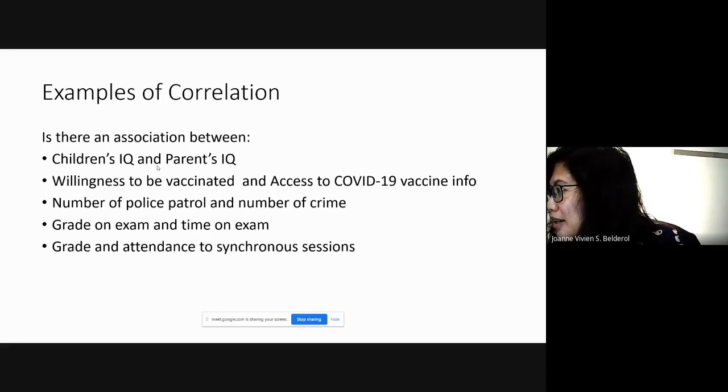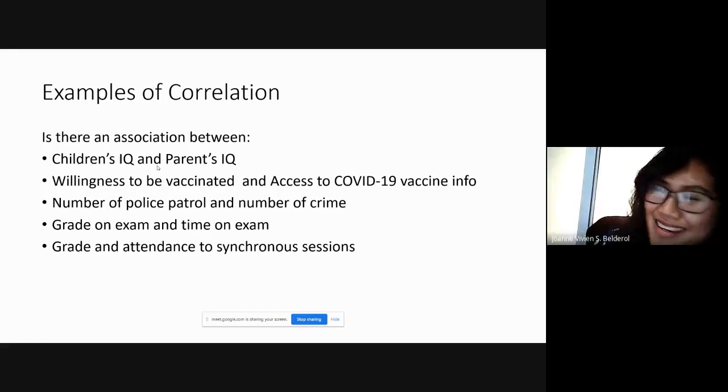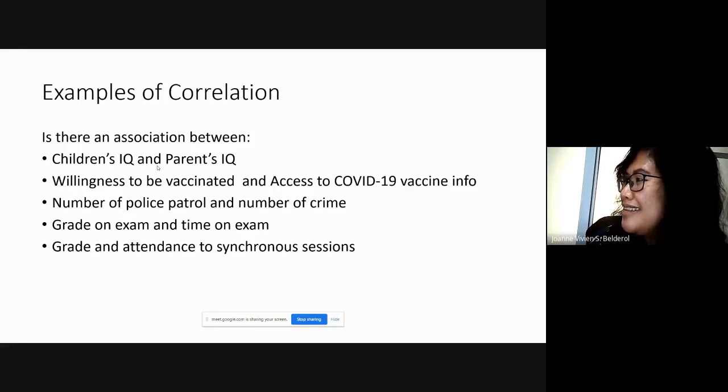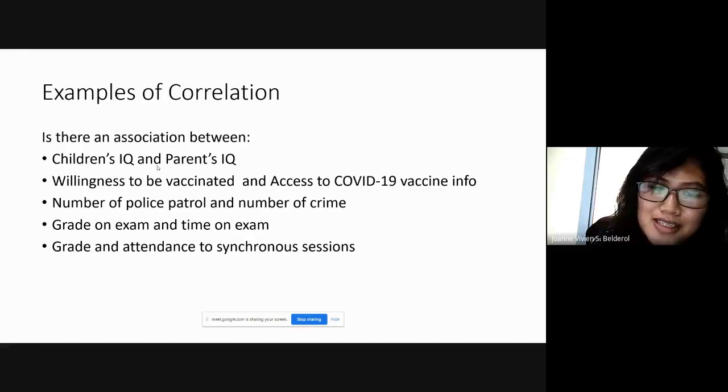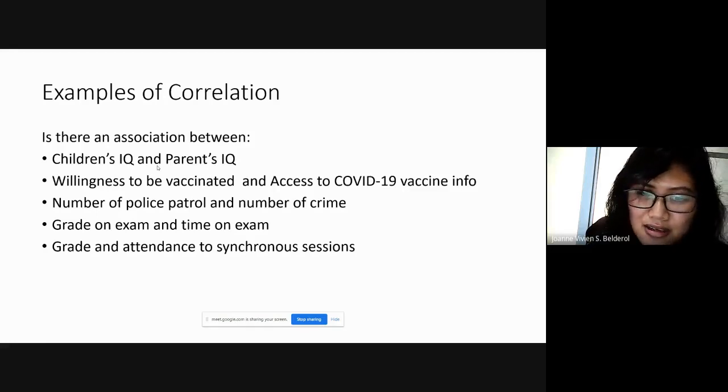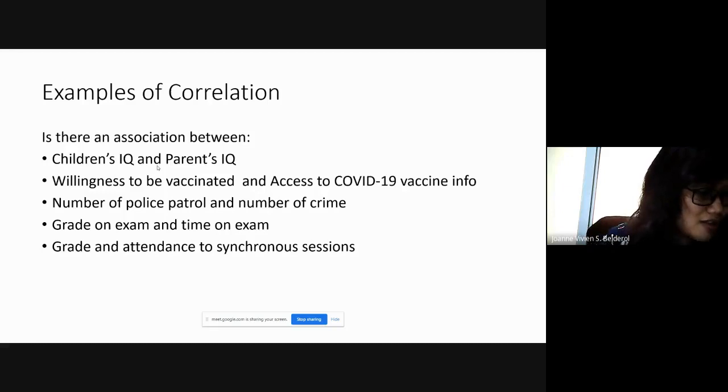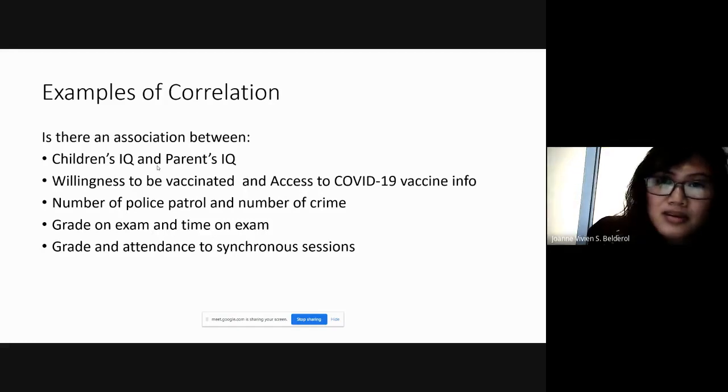Be, kinsa tang tawagon? Renante? Mr. Silagan. What do you think? Positive or negative relationship, grade and attendance to synchronous sessions? Positive or negative? What do you think?